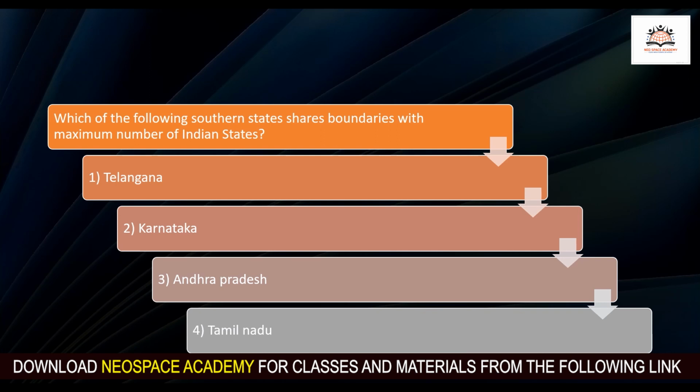What are the boundary states for Telangana? It is Maharashtra, Chhattisgarh, Odisha, Andhra Pradesh, Karnataka. And for Karnataka, it is Telangana, Maharashtra, Andhra Pradesh, Kerala, Tamil Nadu, and even Goa as well. So, without any doubt, Karnataka is the right answer. Now, this shows us the importance of map pointing.